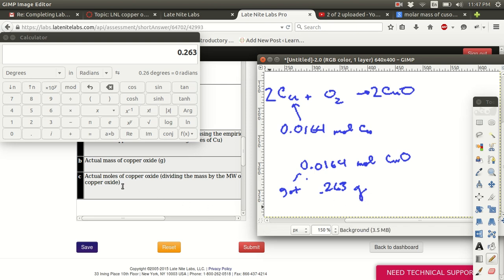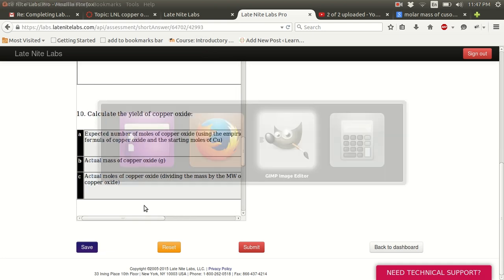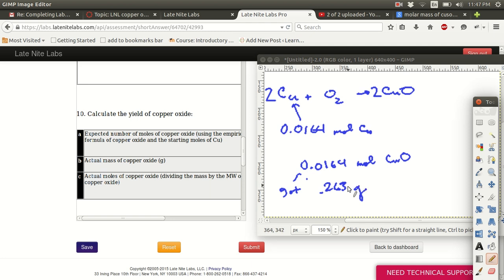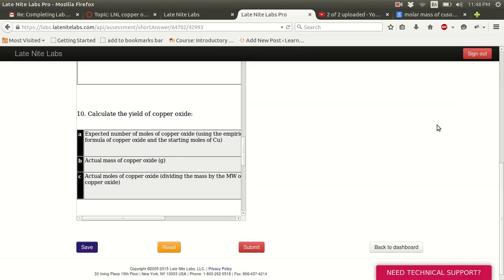Let's see. Actual moles of... Oh no, I'm sorry. The 0.263, that was the oxygen. That was the oxygen, remember. The grams of copper oxide are right here in the notes.